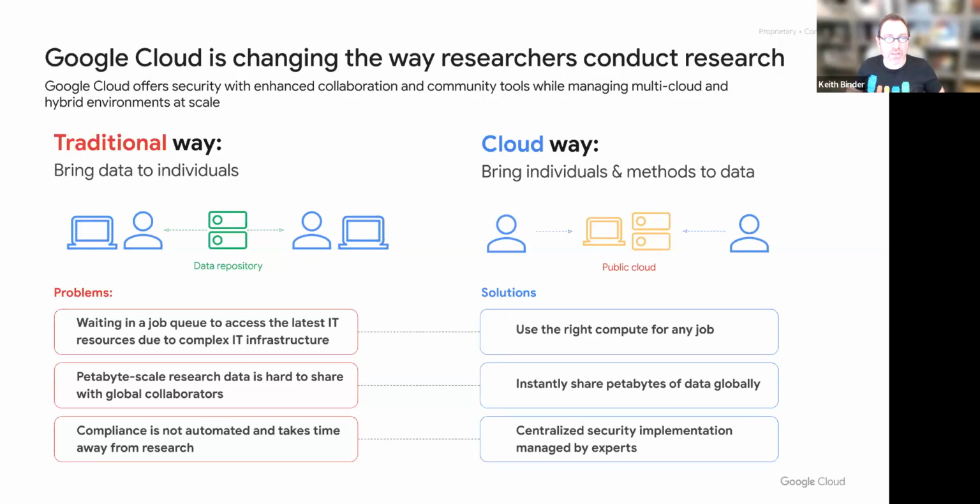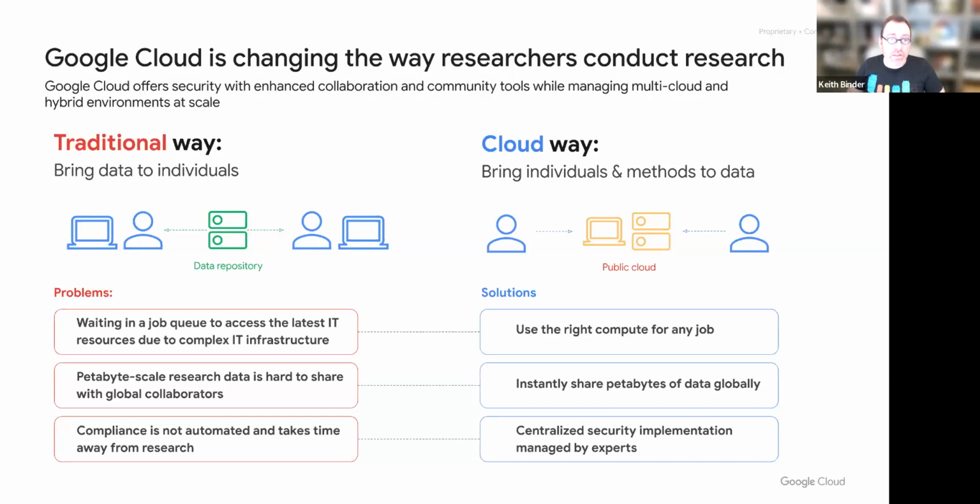If there was some data set that you wanted to do some analysis on, you either spun up an FTP server, downloaded that data, copied it to your local on-prem systems, and executed your findings.